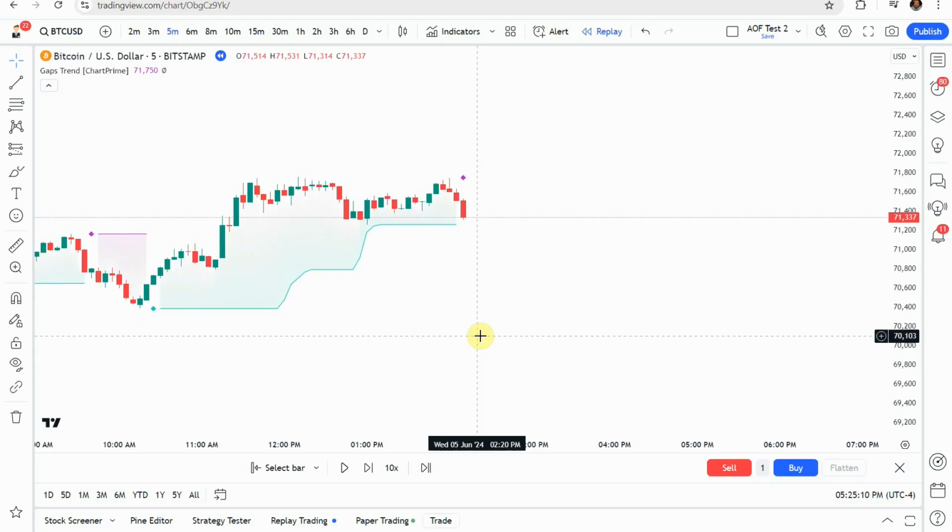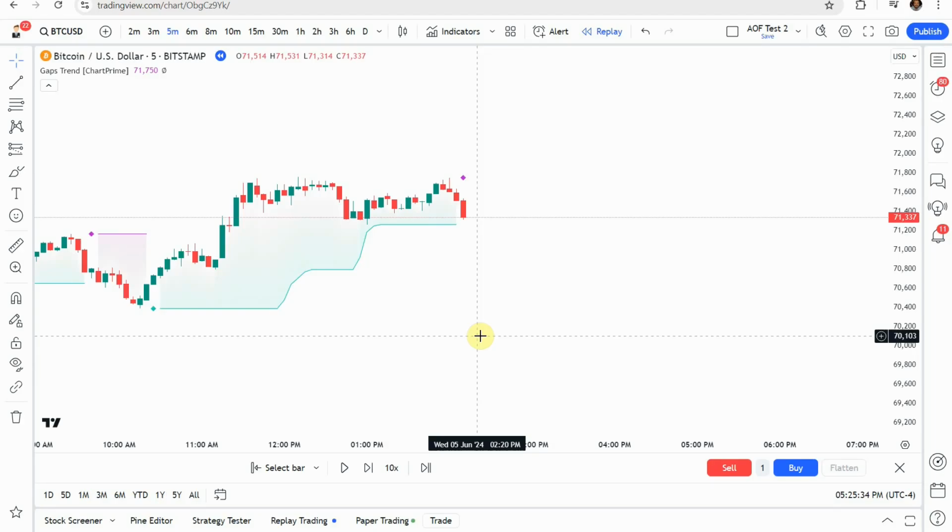Now, as I said, today we'll be testing a crypto scalping indicator. The source video says, stop losing profits with this free indicator. In the source video, they go on to explain that they have created a trailing stop indicator using fair value gaps.